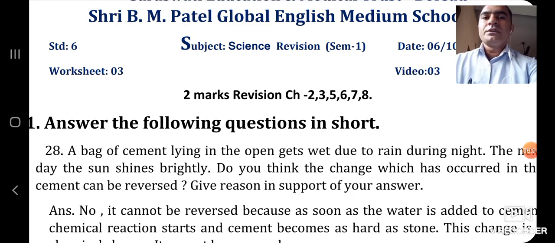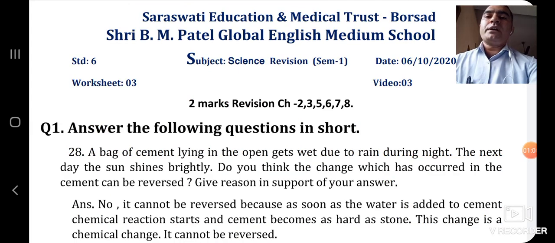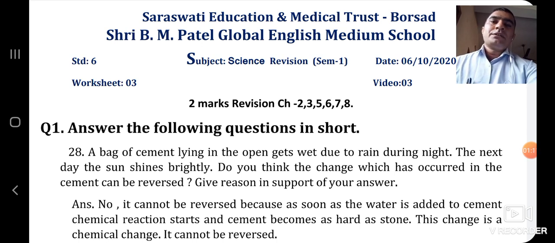Give reason in support. It means if a cement bag is lying outside and due to rain it becomes wet, and in the daytime, due to sunlight, it becomes hard. So do you think this is a reversible change?